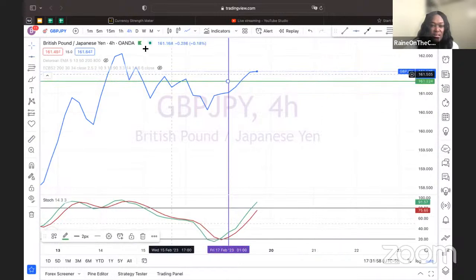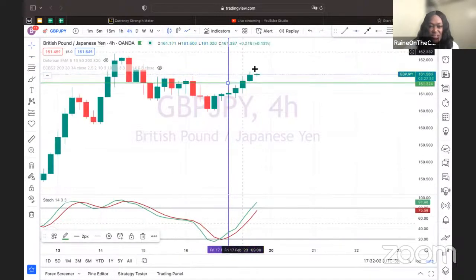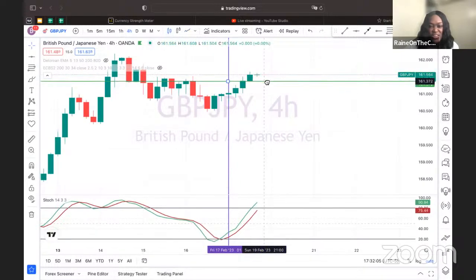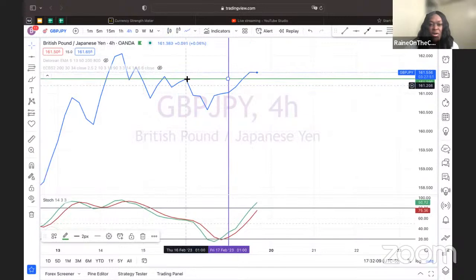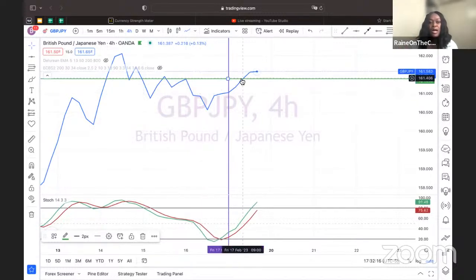Okay. Let me go back to the candle chart. Yeah, it was somewhere like here. 50 pips. So I went from down here up to the zone, 50 pips. So my stop loss and my take profit are 50 pips for GBP JPY.